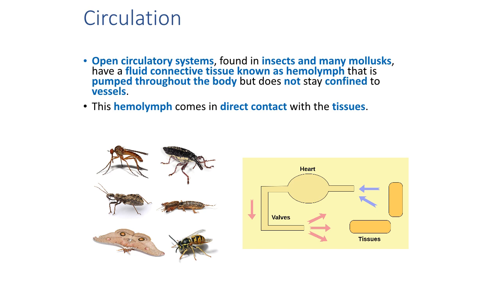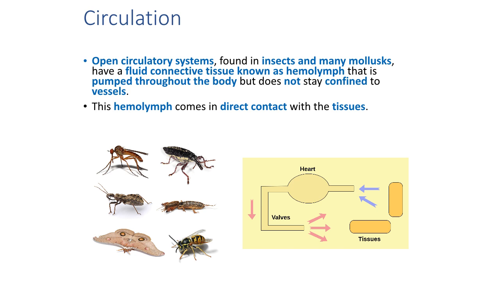If we look at the diagram on the right here, you see that there is a heart, and we do have vessels, but the vessels are open-ended. And so what happens is that the fluid gets drawn in, and then the heart pumps it, and then the fluid goes out and bathes the tissues directly with the hemolymph.